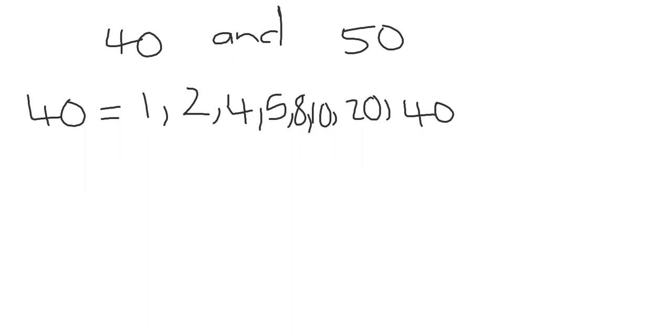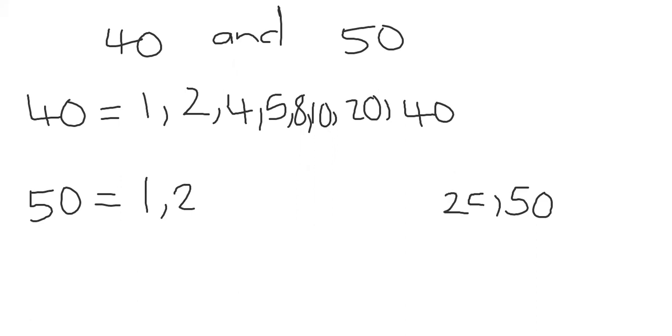Then let's look for the factors of 50, numbers that can divide 50 without leaving a remainder. The first one is going to be 1. 50 divided by 1, we get 50. Then the second one is going to be 2. 50 divided by 2, we get 25. Then the next one would be 4.